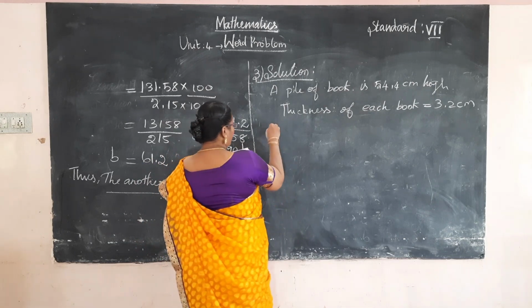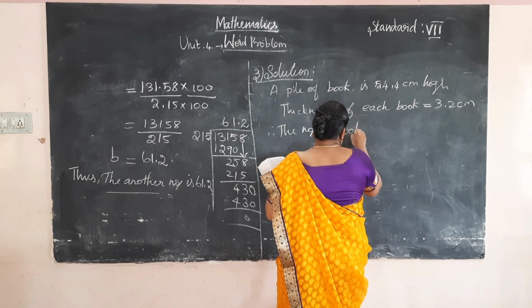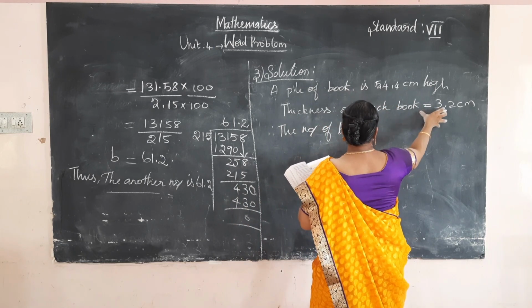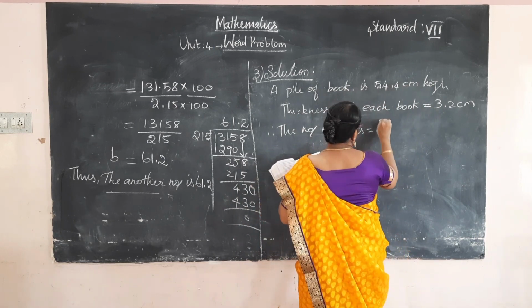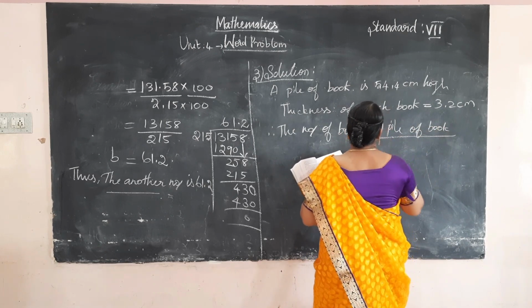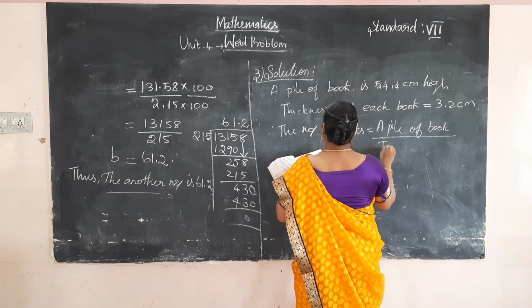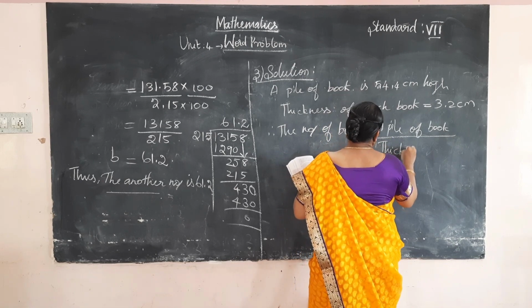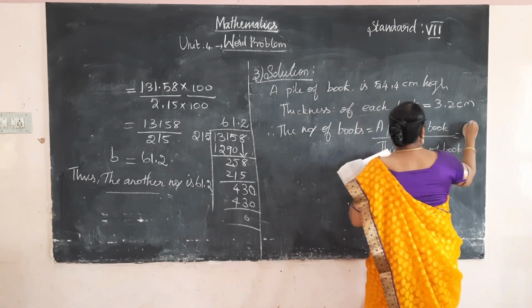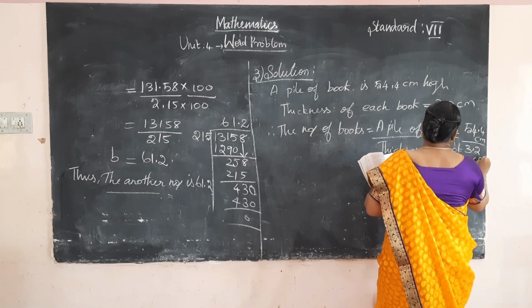Therefore we have to find the number of books. So just divide. The number of books is equal to the pile of books divided by the thickness of the book, which is 54.4 centimeter divided by 3.2 centimeter.